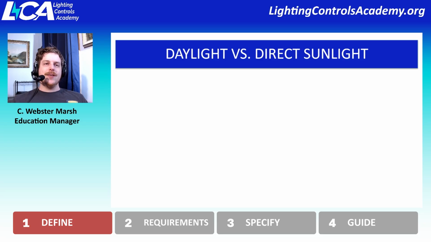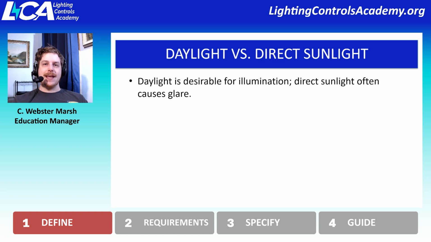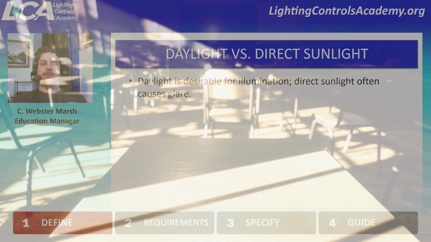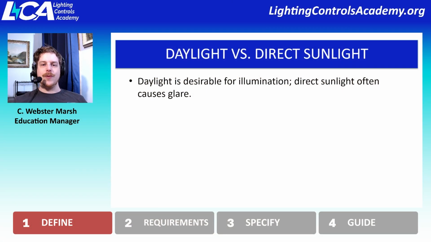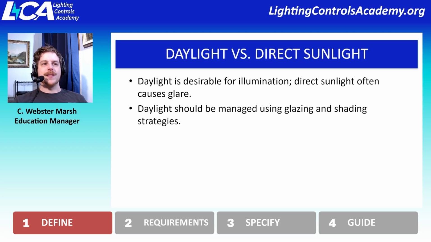When we're comparing daylight versus direct sunlight, which is the heavier glare experience, daylight is what we're utilizing for the task that we're trying to achieve. So if we open up a window, we are using that daylight to illuminate maybe a table or a desk, and the direct sunlight might be a result of using daylight, but hopefully we have, again, managed or diffused that light to make it more comfortable and usable for our purposes.